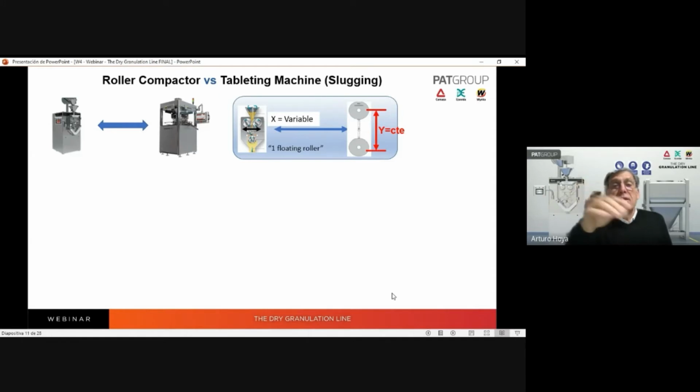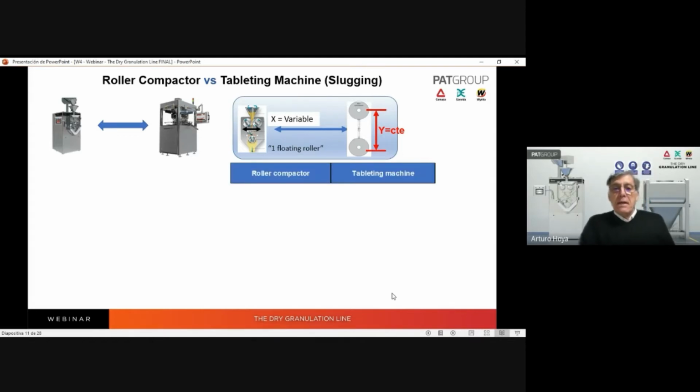Y is constant during all the process. And this is very important. This aspect, Y constant and X variable, is very important because it will impact the characteristics of the granules obtained.